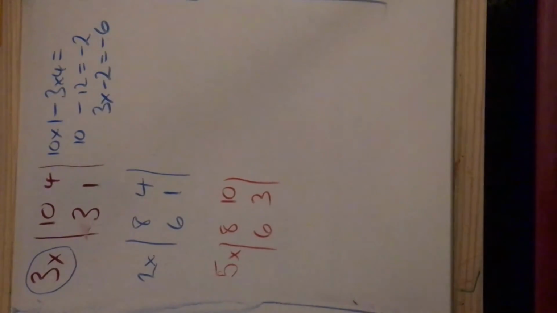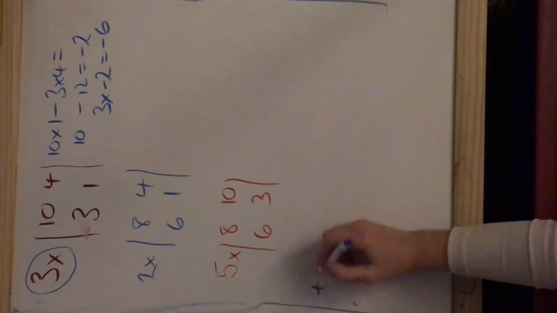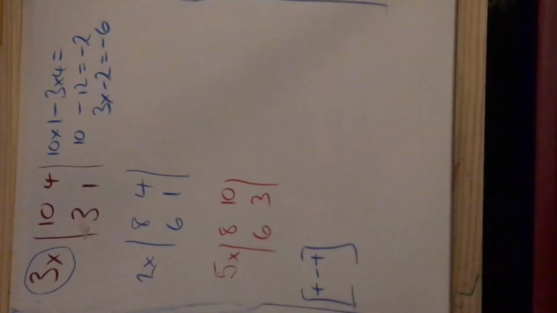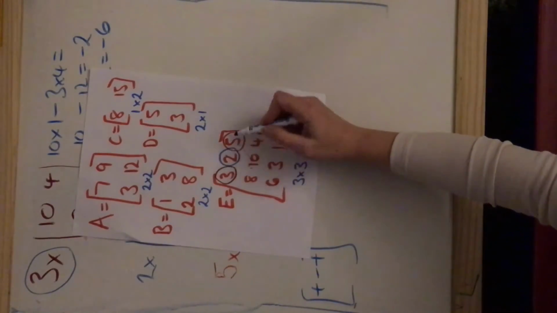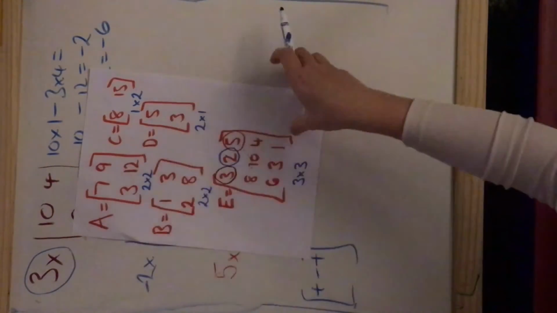What we also have to remember with 3 by 3 determinants and anything more than a 2 by 2 is the plus minus plus rule, which basically means that this would be a plus, this would be a minus, this would be a plus. So this 2 would become a minus 2.